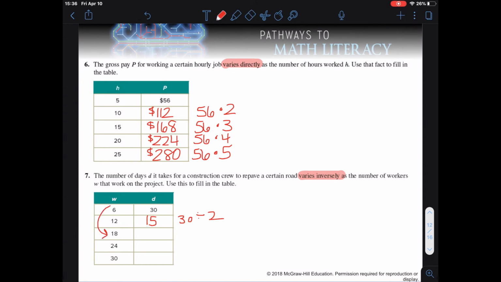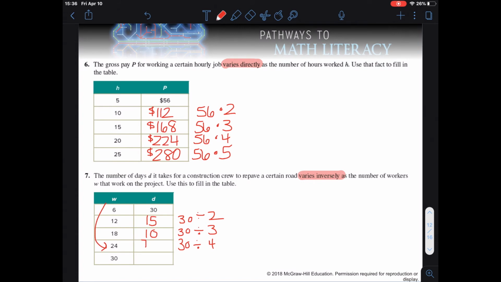When I triple the number of workers to 18, the number of days should get cut to 1/3. So we would take the original number, divide it by 3. It would take us 10 days with 18 workers. Likewise, we quadruple or multiply the number of workers by 4. It's going to make our number of days decrease by 1/4.